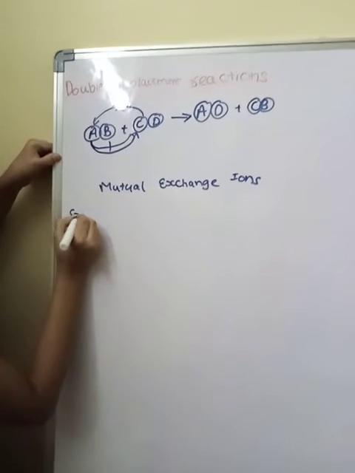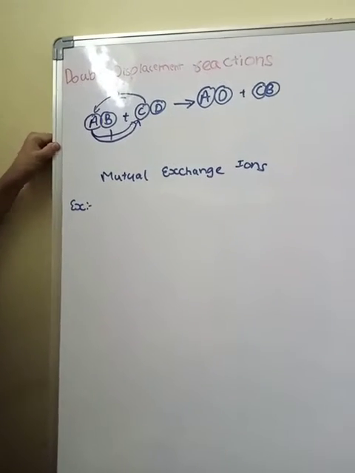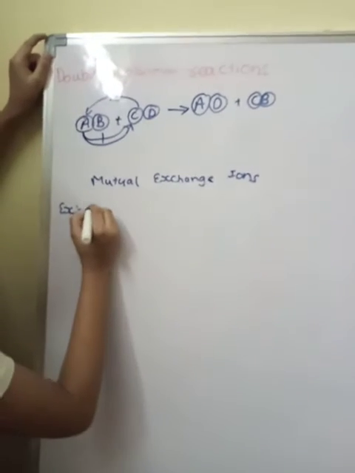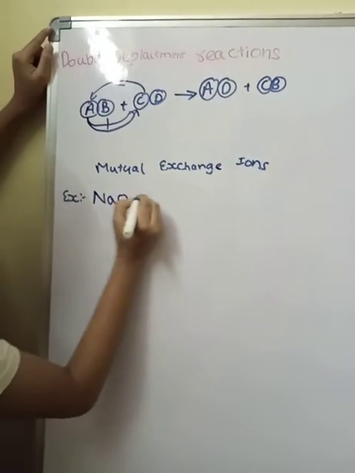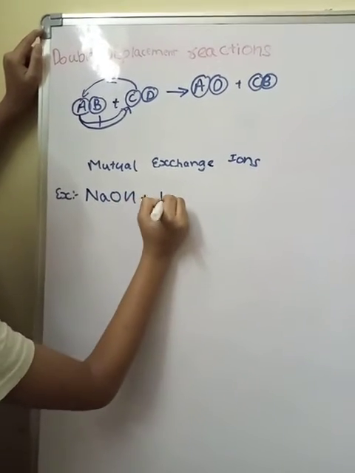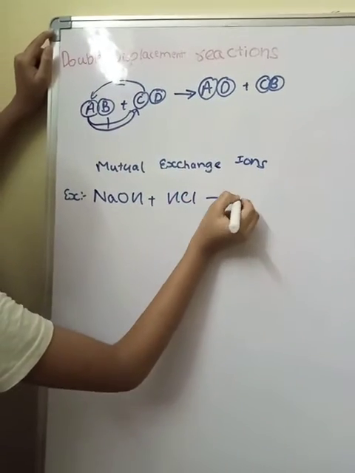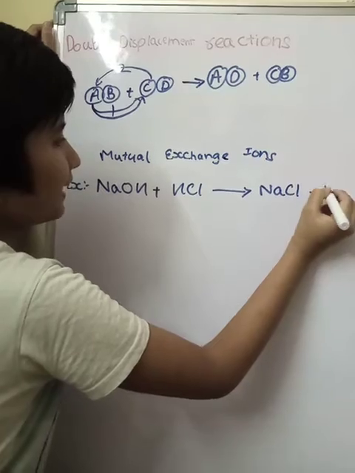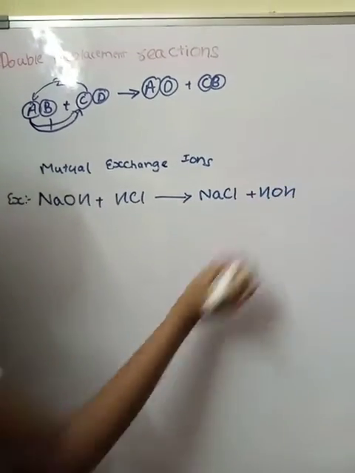Suppose an example is here. I am taking NaOH and reacting it with HCl. I am getting NaCl plus HOH.